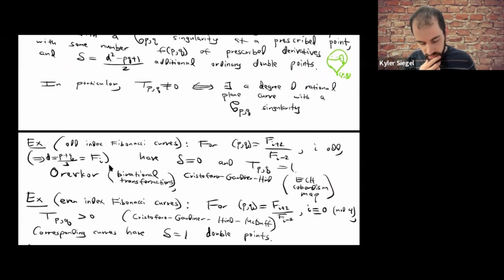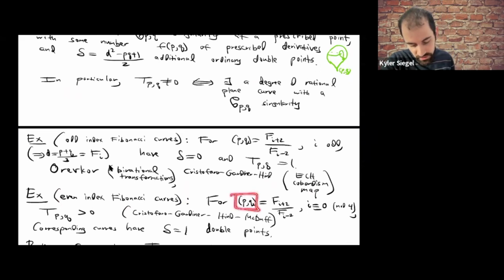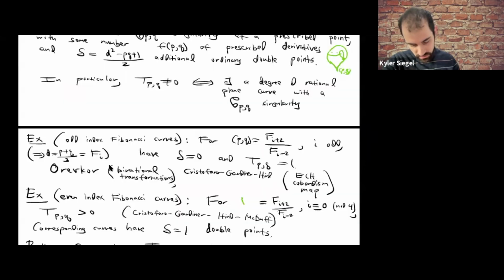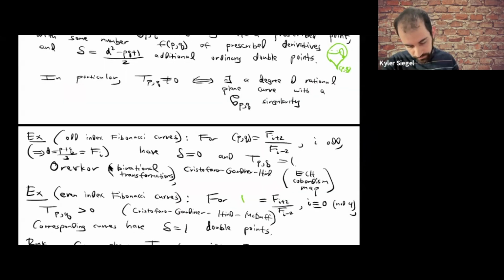Well, Christopher Gardner, Hein, and McDuff went further, and they found another interesting sequence of curves. These are the even index Fibonacci curves. This is the case where P over Q is a ratio of Fibonacci numbers where now the index is even.